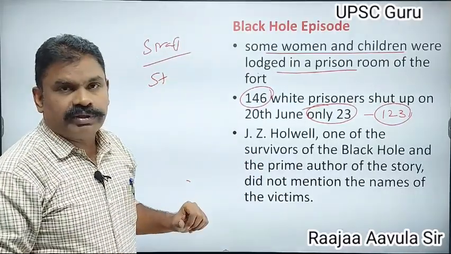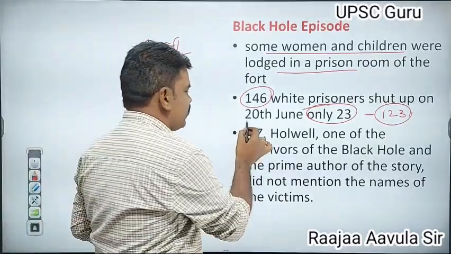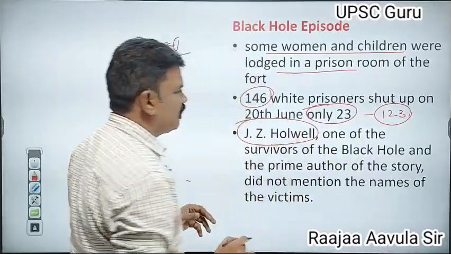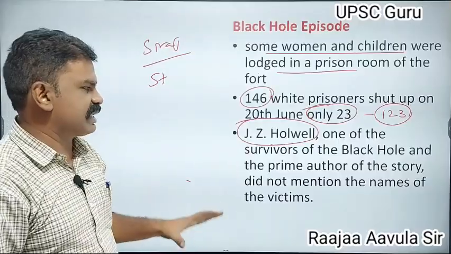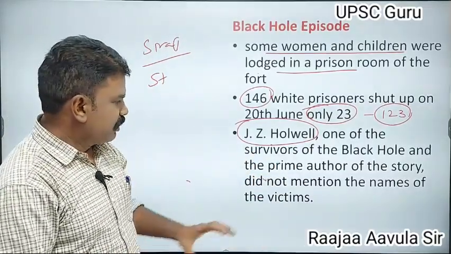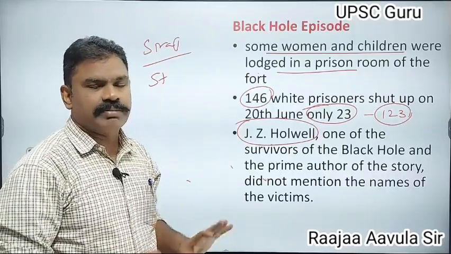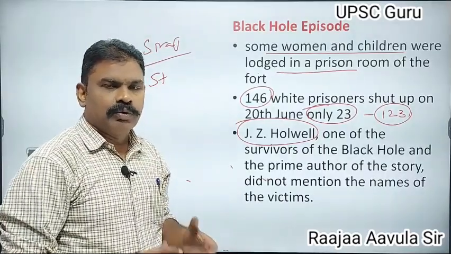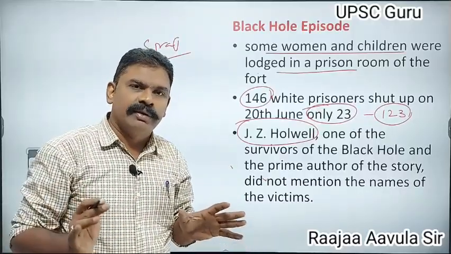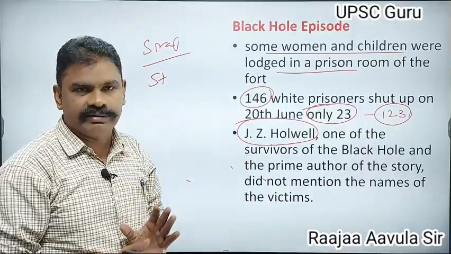The witness was J.Z. Holwell, a witness of the Black Hole Tragedy, and also its author. He did not mention the names of the victims who died. He wrote the entire story, but did not say who died.